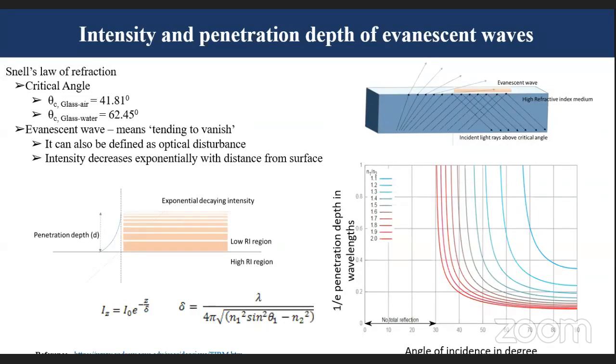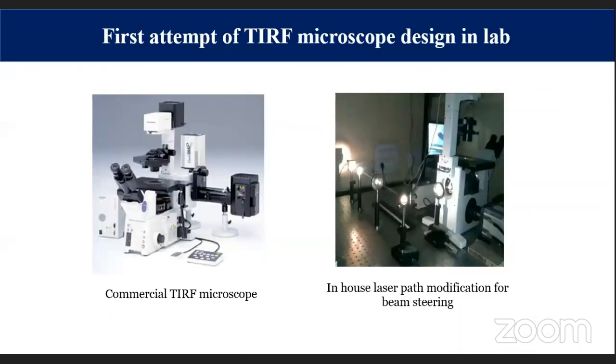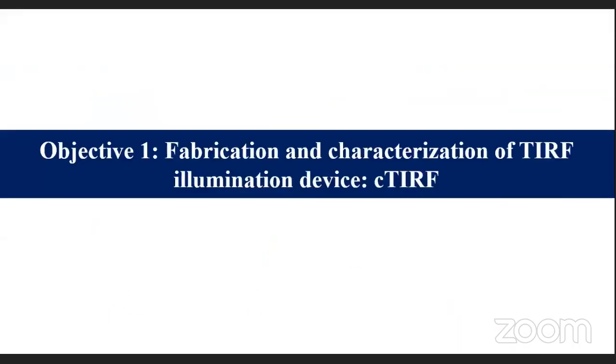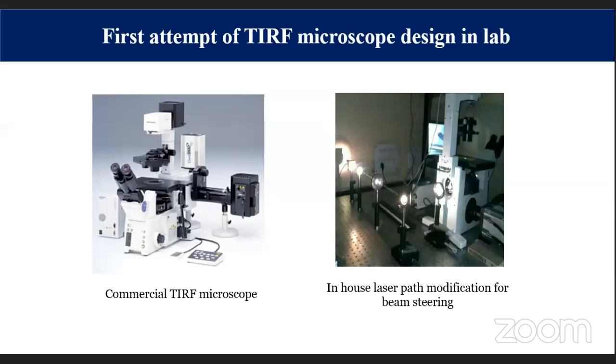These were the empirical relationships I worked on, and I found that if I put the incident ray close to the critical angle of either glass-air or glass-water, that is going to give the maximum penetration depth. So I started working on the fabrication of the device. I looked at the commercial TIR microscope, which was procured in the lab for approximately 1.5 crores, or approximately 1 crore. And I started making it using a fluorescence microscope.